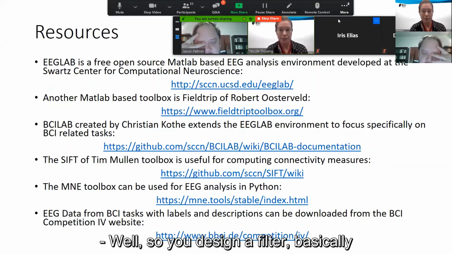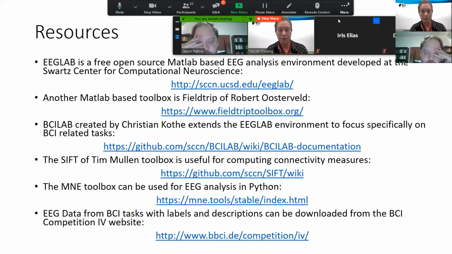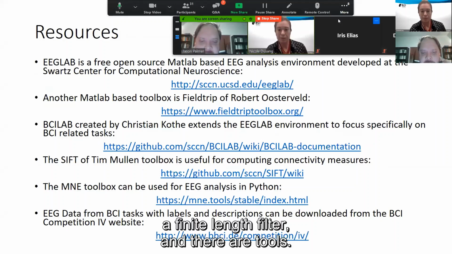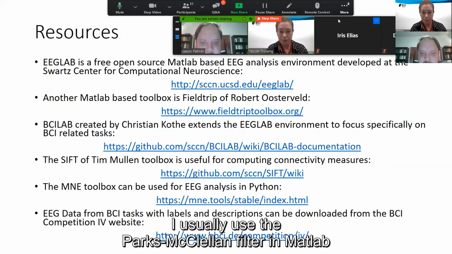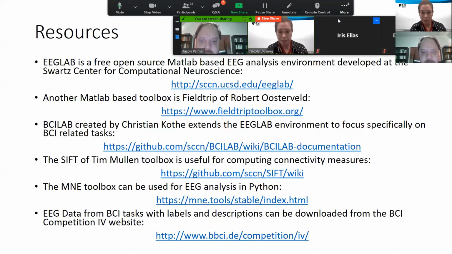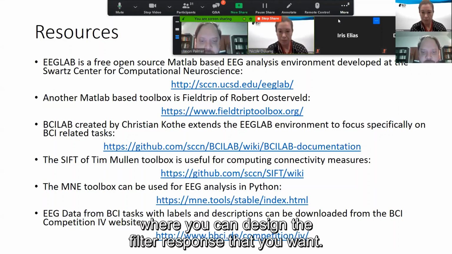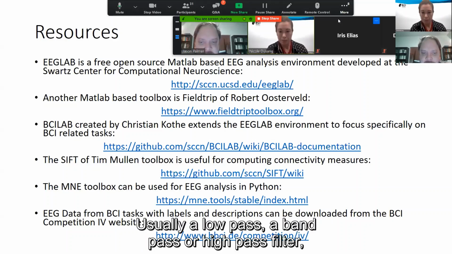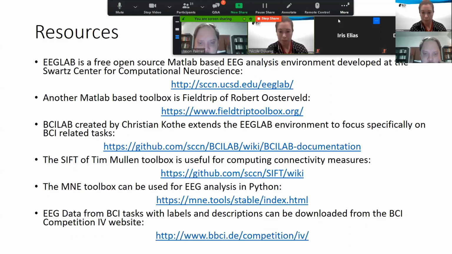Well, you design a filter, basically a finite length filter, and there are tools. I usually use the Parks-McClellan filter in MATLAB, where you can design the filter response that you want, usually a low pass, a band pass, or high pass filter.